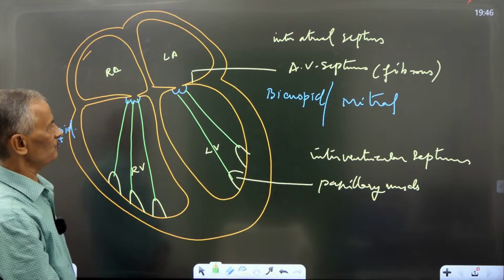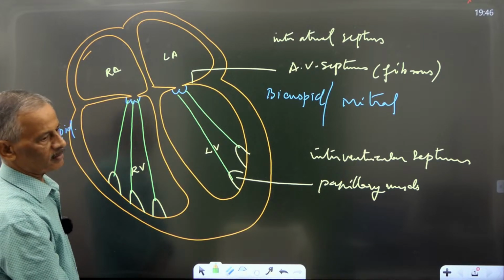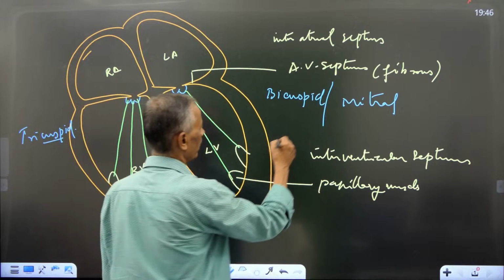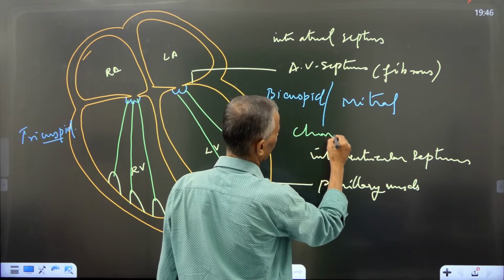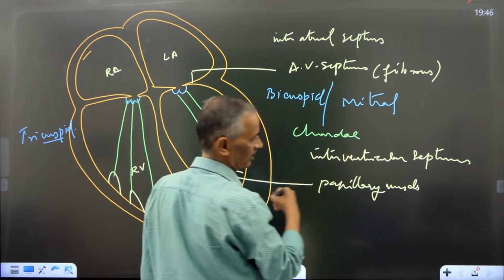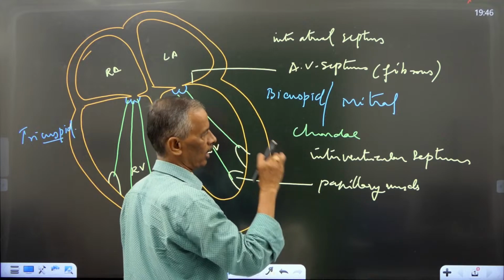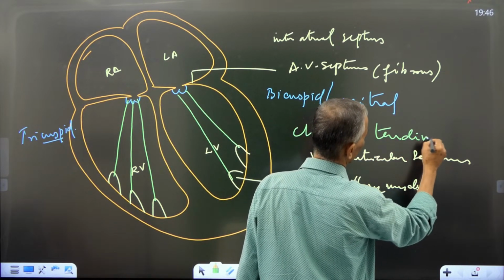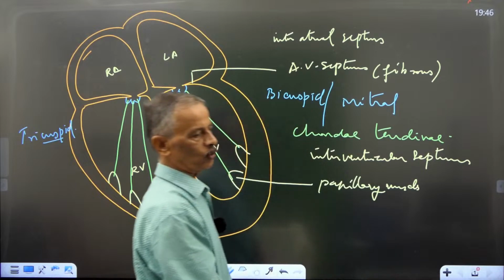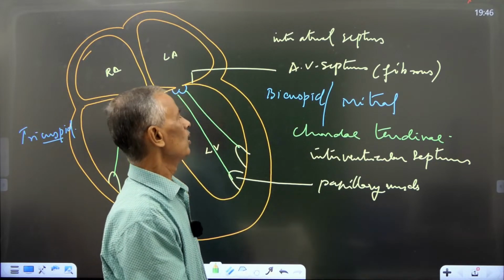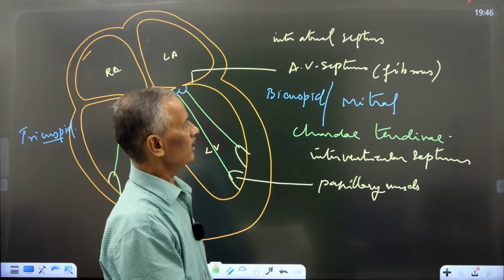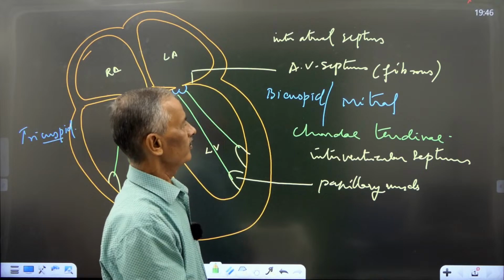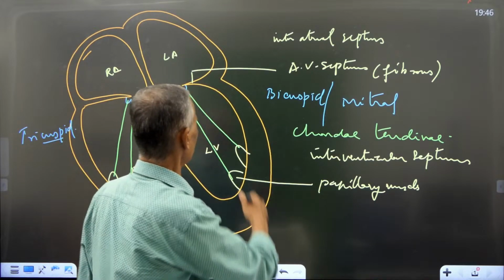So they are called chordae tendineae. Chordae means cord-like, stiff rod-like tendons.